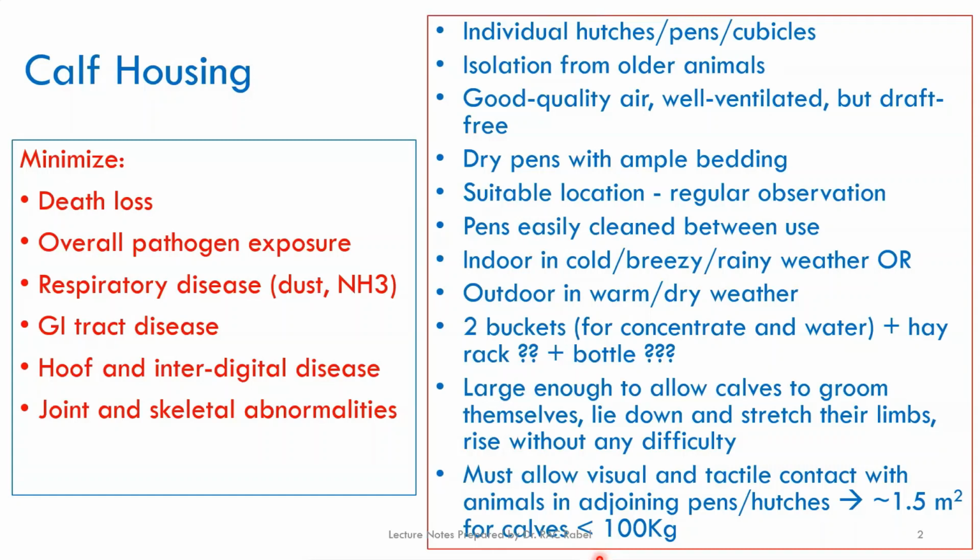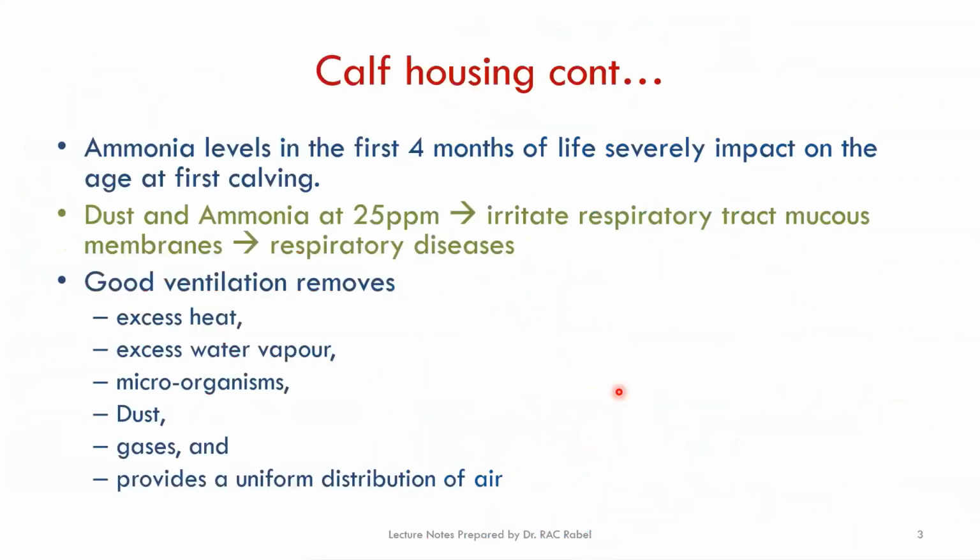So you have to make sure that all these criteria are fulfilled when you design a calf pen and calf barn, calf unit. Okay. I mentioned a little bit about ammonia and dust earlier.